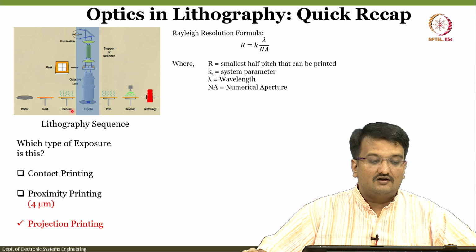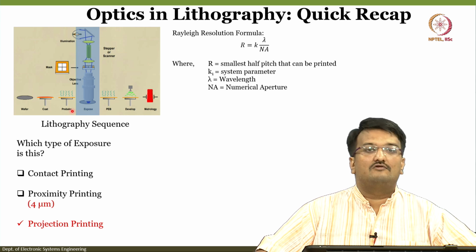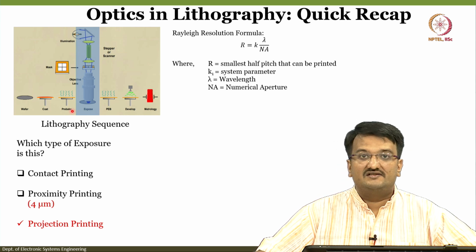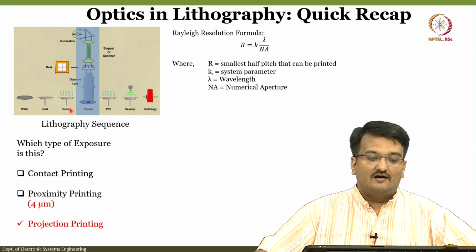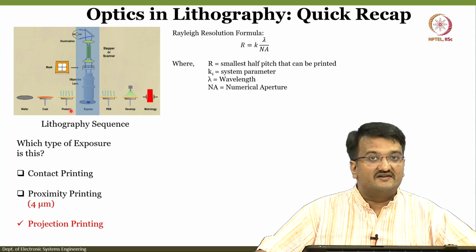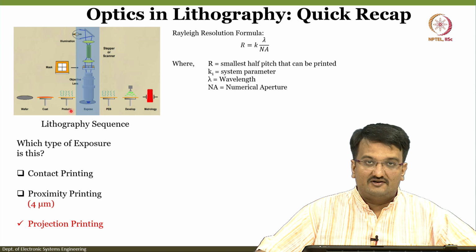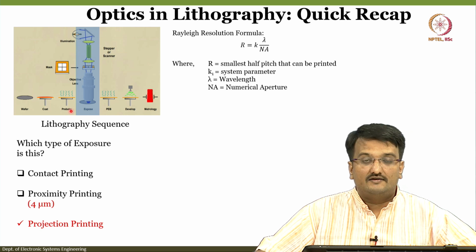Further, I have also explained the resolution formula. I mentioned at that time it is an empirical formula which has been added after observations. That resolution depends on 3 things, right. One of them is the system parameter, second one is the wavelength, and third one is the numerical aperture.